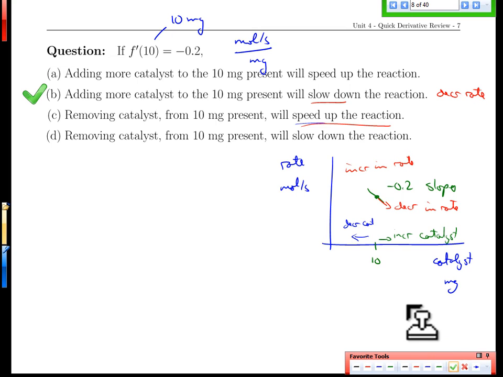So in this case, that derivative being negative tells us two things. That if we increase the catalyst, we'll decrease the rate. But it's also possible in this particular scenario that we could decrease the catalyst and that would move us the other direction up the curve and result in an increase in the reaction rate.